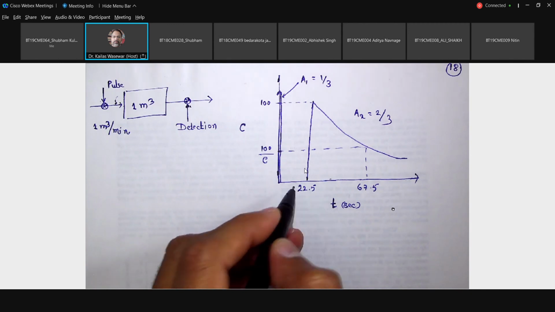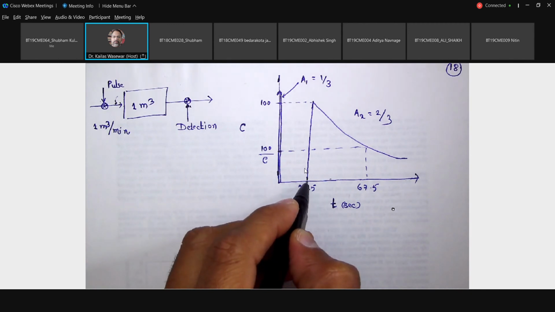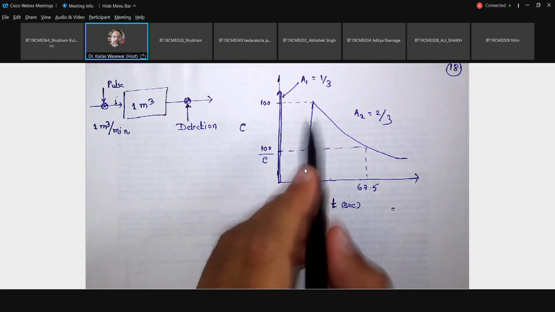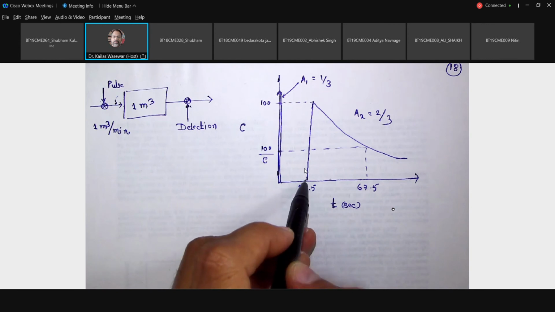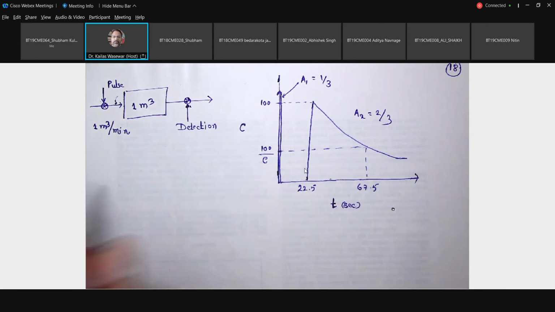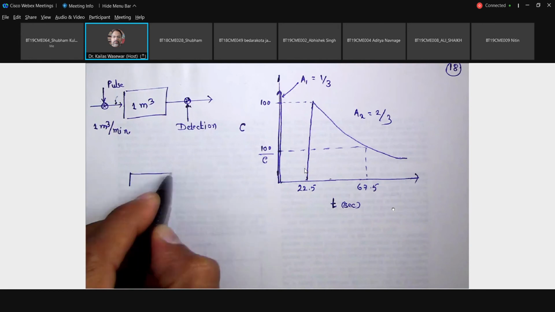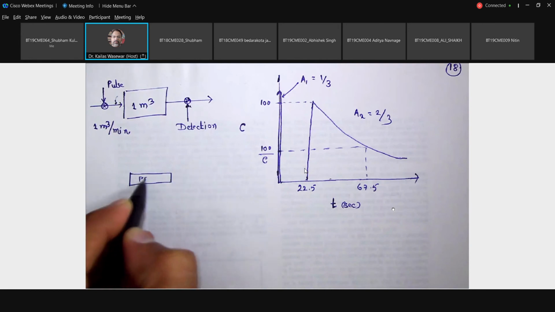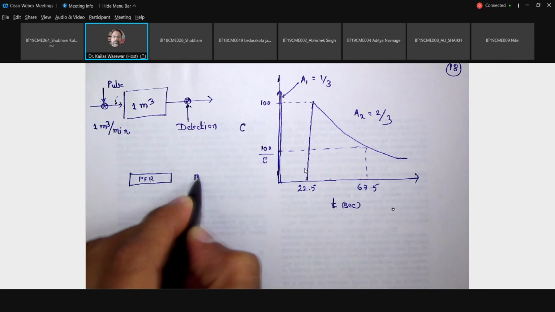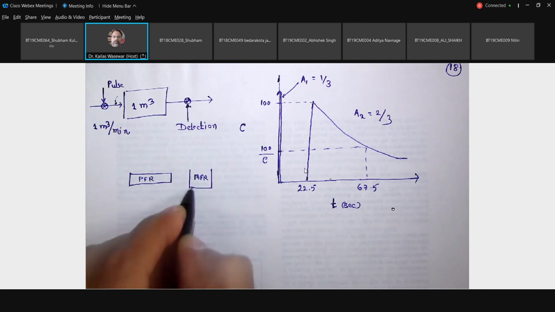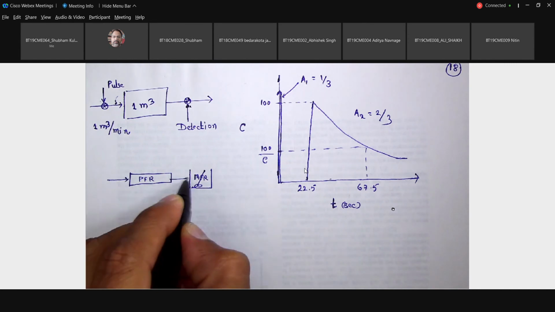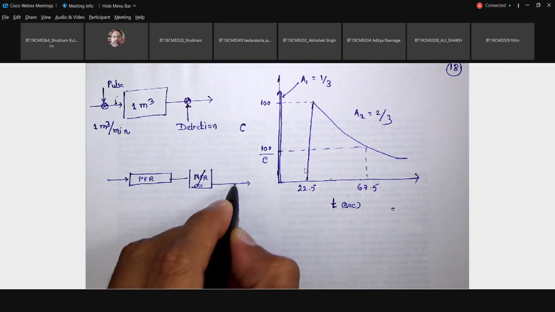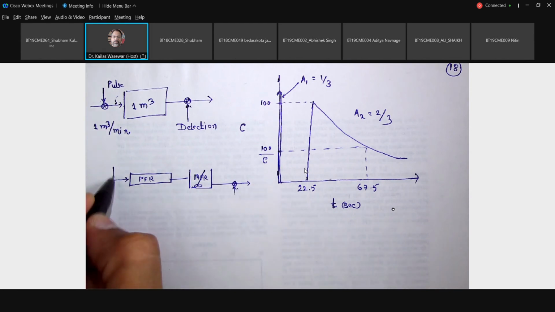But what is happening? It is taking certain time to reach the detection. So it is taking that time. That means there is a plug flow, then mixed flow. That means if you draw it, it is a PFR and MFR. And here is the detection. Here we are putting the pulse.